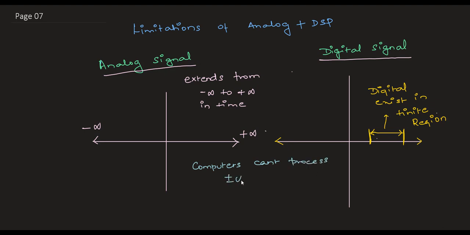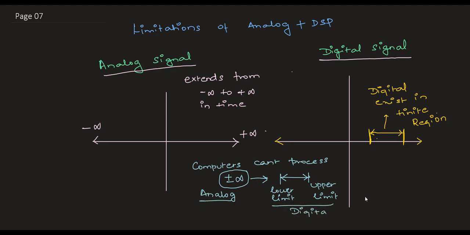When I am approximating a minus infinity to infinity signal into a smaller band with a lower limit and upper limit as finite numbers, I am getting rid of a lot of information on both sides, right? Logically, I'm getting rid of information on the left side of the lower limit and on the right side of the upper limit, and this could definitely lead to some quality degradation, right?